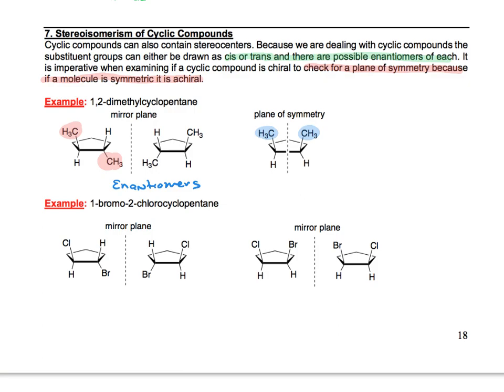So this ring is achiral, but it does have a stereocenter, right? So we've got a compound that has stereocenters. Those are stereocenters. So if we've got a compound that has stereocenters but is achiral, it's a meso compound.